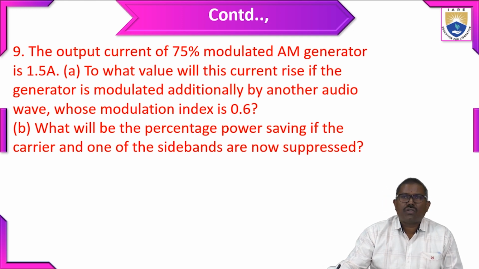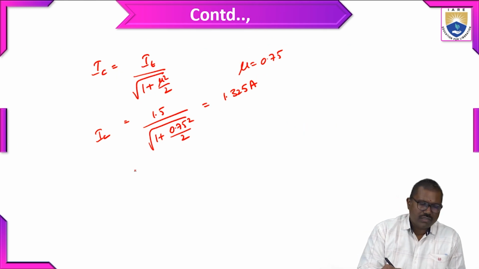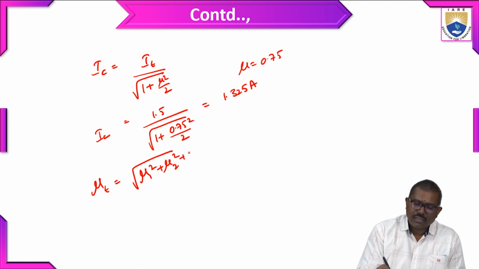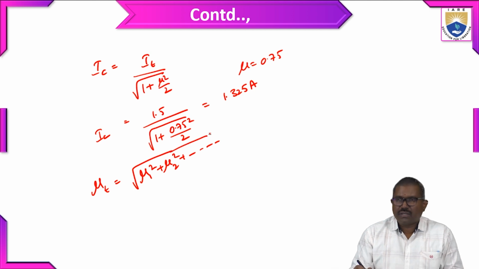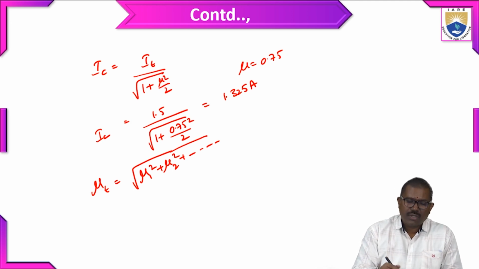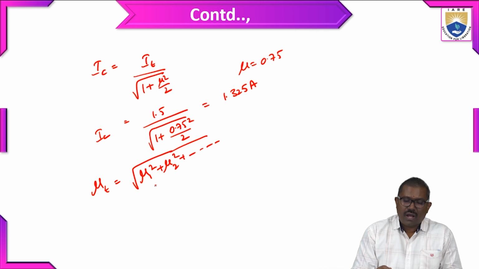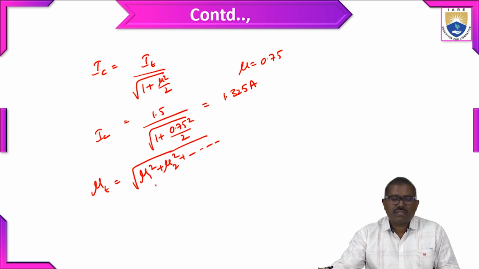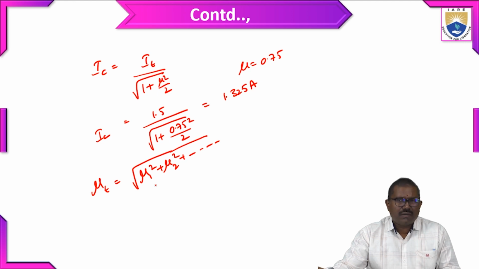So here also a small formula is there, that is mu of t is equal to square root of mu1 square plus mu2 square and so on, if you add more modulation indexes. Okay, so here initially my mu1 is 0.75 and secondly they have given an additional one, 0.6. So I am going to add these two modulation indexes and get the total modulation index.